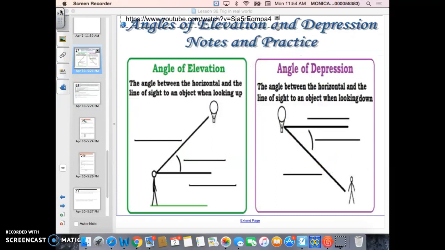Okay, so there you have it, angles of elevation and depression. So you're going to take notes. I know the boxes are a little small, but you can fit this stuff in. So it says the angle between the horizontal line of sight, so that's the line from your eyeballs, when looking up, we call this an angle of elevation.